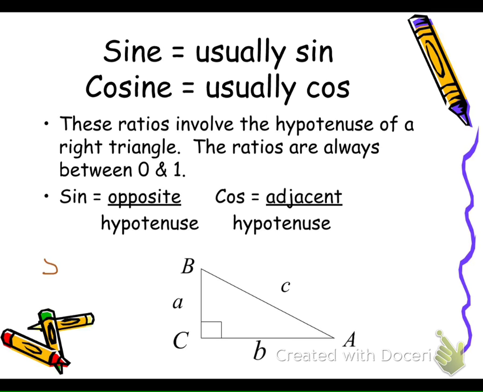Sine of A is opposite over hypotenuse, so opposite of A is A over hypotenuse, which is C. Cosine of A is adjacent over hypotenuse, so B over C.